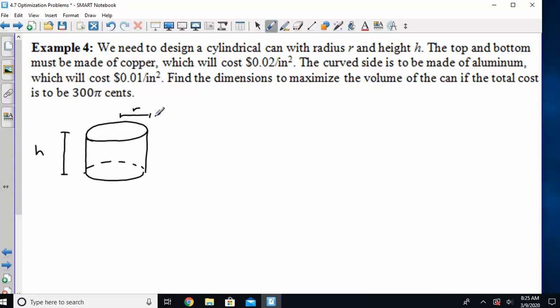The top and bottom must be made of copper, which will cost 2 cents per square inch. The curved side is to be made of aluminum, which will cost 1 cent per square inch. Find the dimensions to maximize the volume of the can if the total cost is to be 300 pi cents.